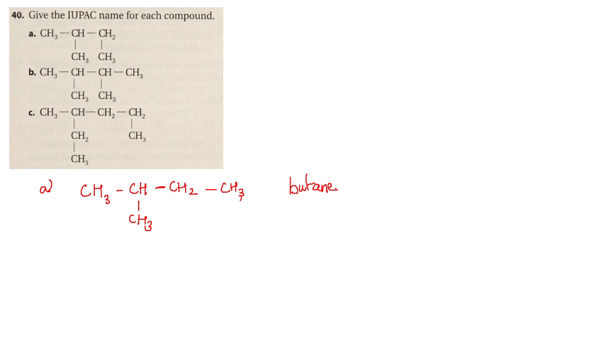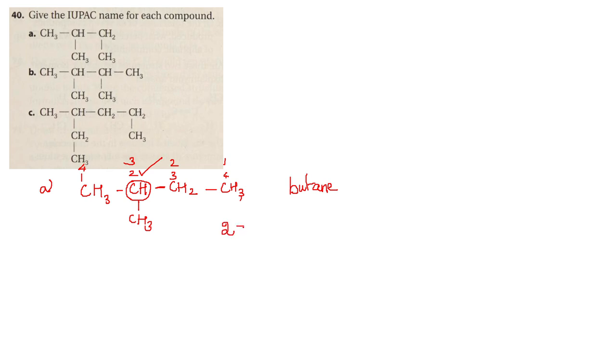If I number from left to right, it is 1, 2, 3 and 4. If I number from right to left, it is also 1, 2, 3 and 4. In which way of numbering does this carbon atom get the least number? From left to right. So it is 2, the position of the substituent.